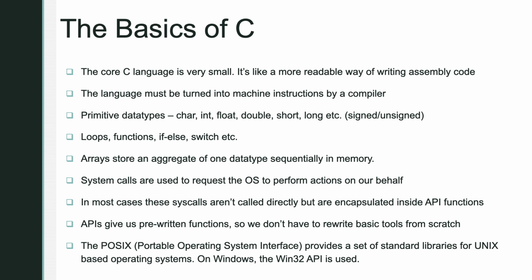So the POSIX standard, Portable Operating System Interface, is a set of standard libraries for Unix-based operating systems. If you're programming on Windows at a lower level, you typically use the Win32 API, which is quite different, but a lot of the concepts are similar.